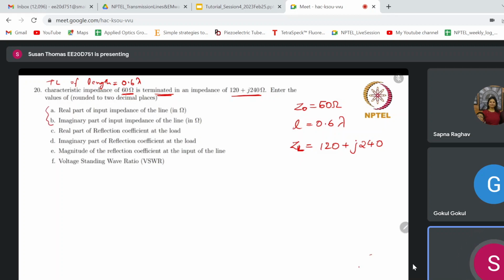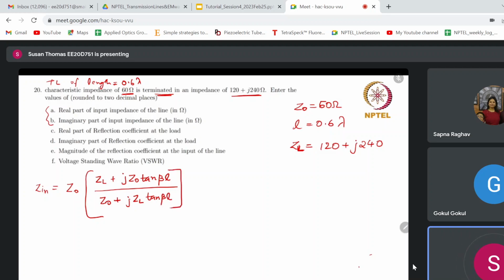Now, part A and part B can be done if you know this equation: Zin equal to Z0 into ZL plus j Z0 tan beta L divided by Z0 plus j ZL tan beta L. If you know this equation, you can calculate the input impedance, which will be complex.